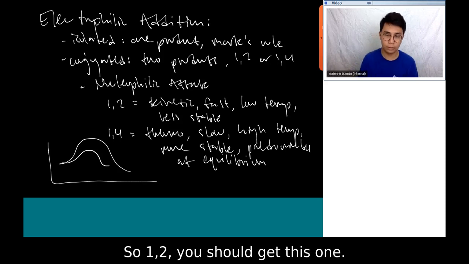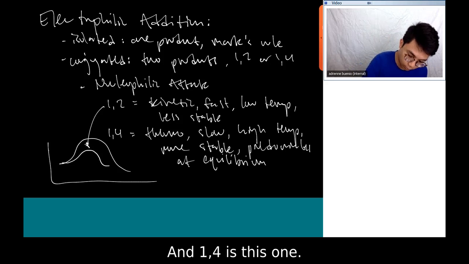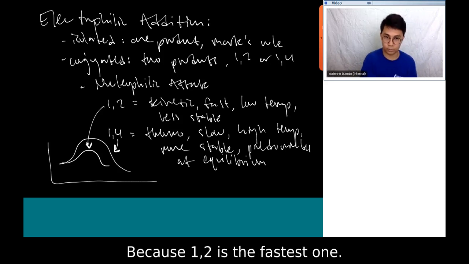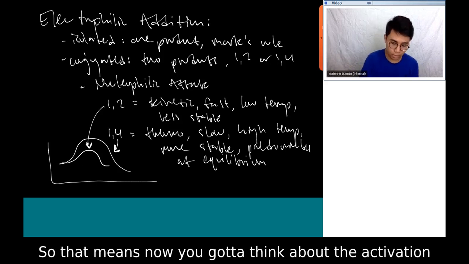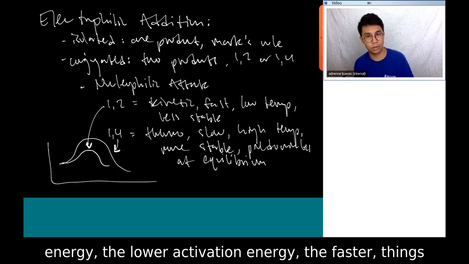For 1,2, you should get this one, and 1,4 is this one, because 1,2 is the fastest. So you have to think about the activation energy: the lower the activation energy, the faster.